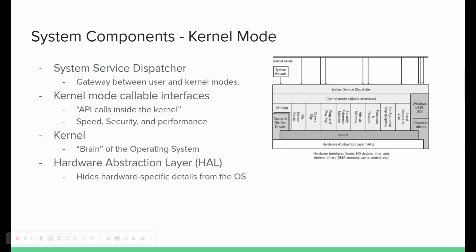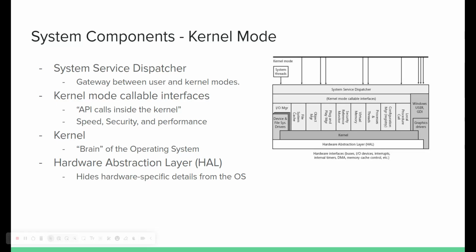Essentially, the user mode is going to make an API call, a Windows API call specifically here, which is then going to turn into a system call that the system service dispatcher receives, and then after that, the system service dispatcher uses something called the system service table to find the right kernel mode function or kernel mode service that needs to be used based on the API call and the data inside.